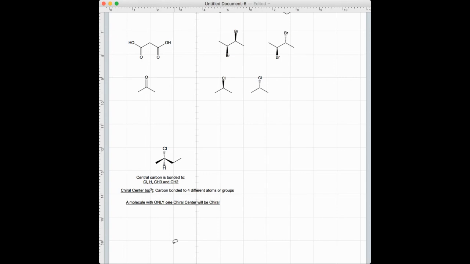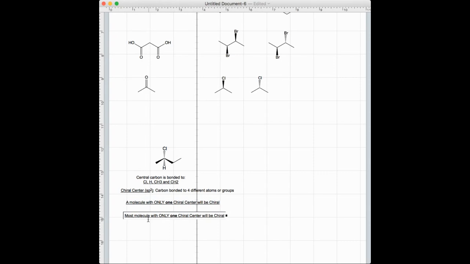Okay? On the other hand, if there is a molecule with no chiral centers, I'm going to say now most, because it's not a general rule. There are a couple of exceptions that we don't cover in this class.